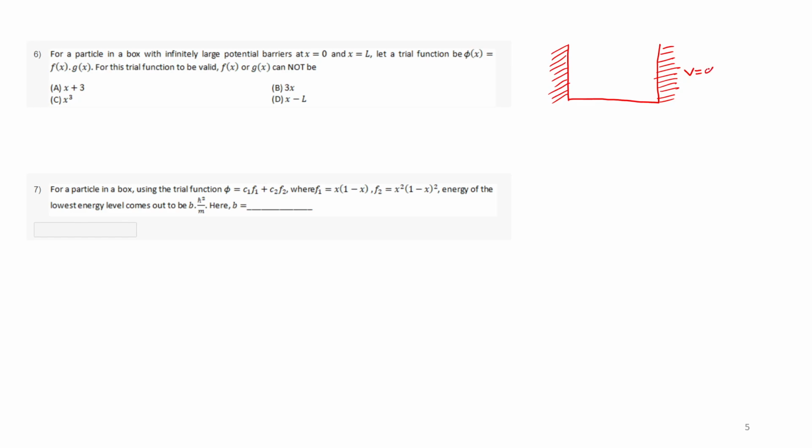So here the potential is infinity, and it is zero from x is equal to 0 to L.